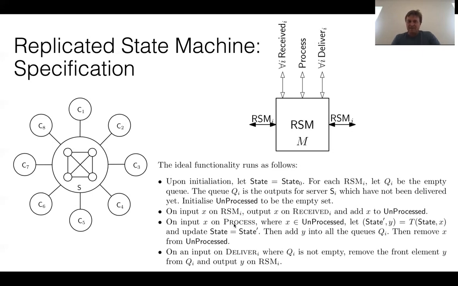So whenever we get this input on process, we do one click of the state machine.